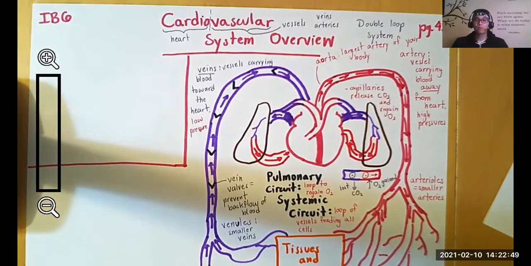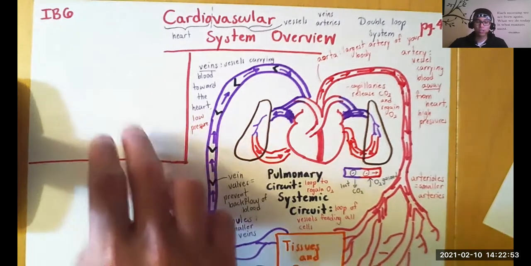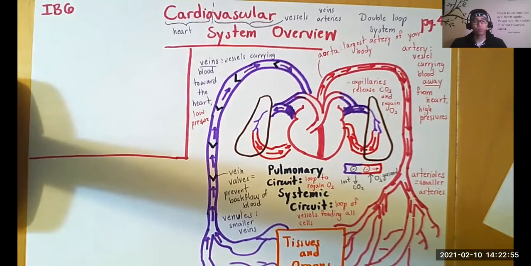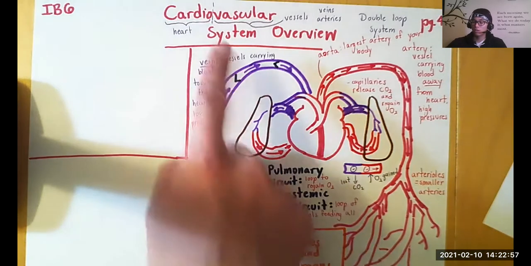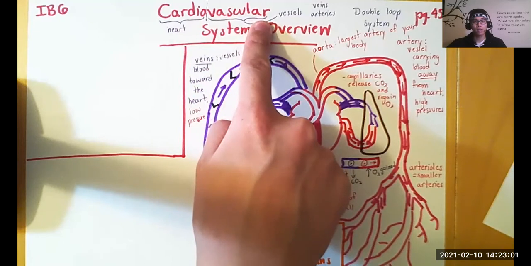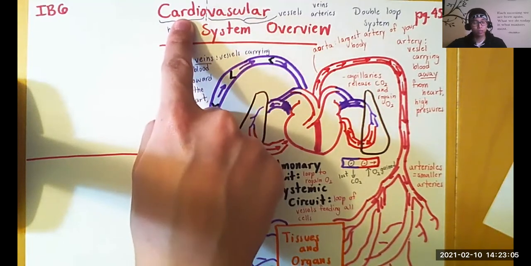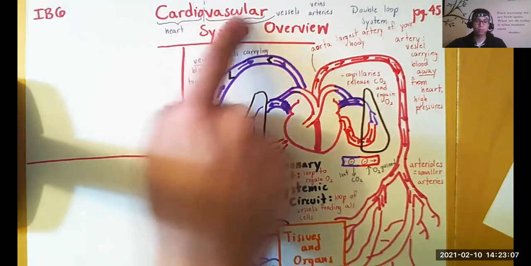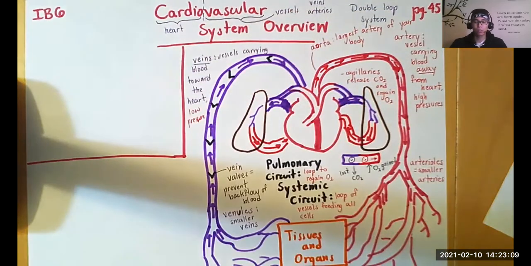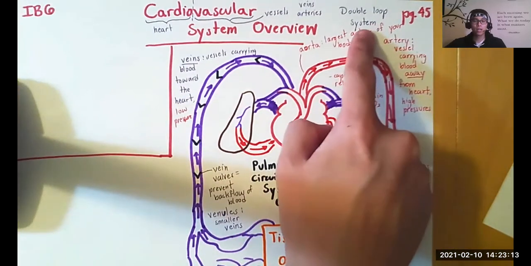Okay, let's do a summary, shall we? We're at 30 minutes. I can do these last two ideas on Zoom tomorrow. Cardio means heart, vascular means vessels. We are diving into each one of the systems. That in this one involves the heart and the blood vessels. Vessels meaning veins and arteries and capillaries. Our bodies utilize something called the double loop system.